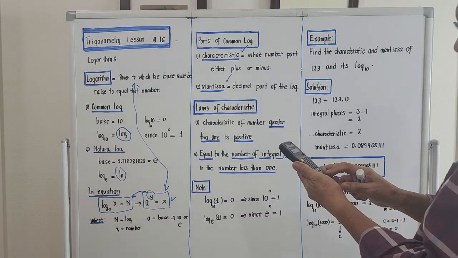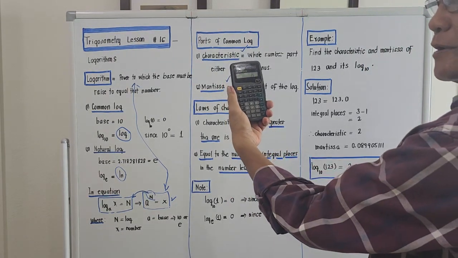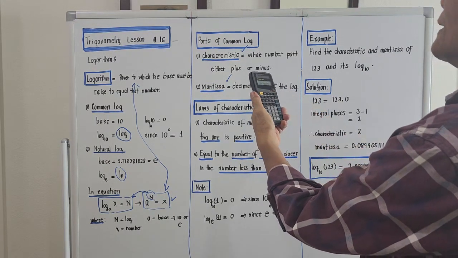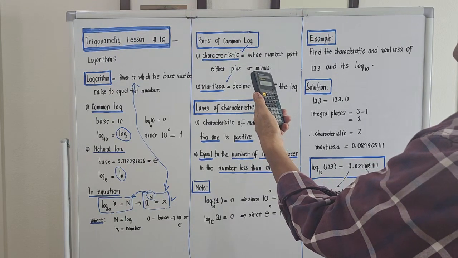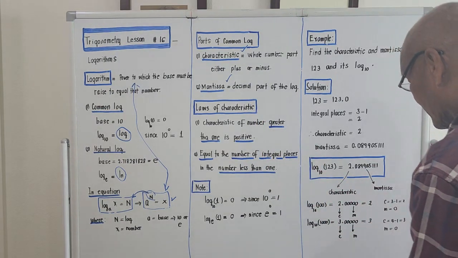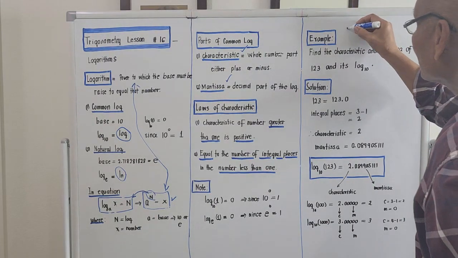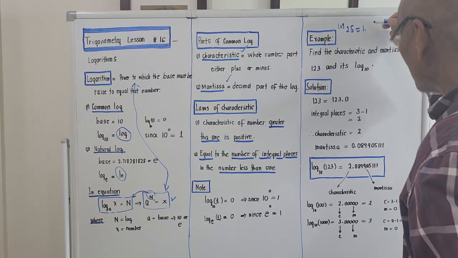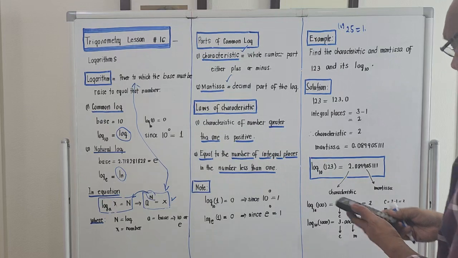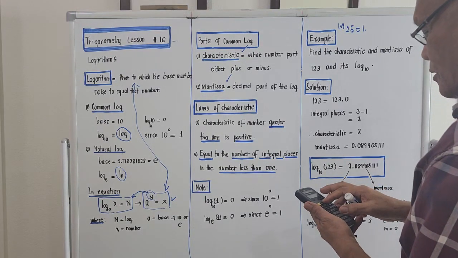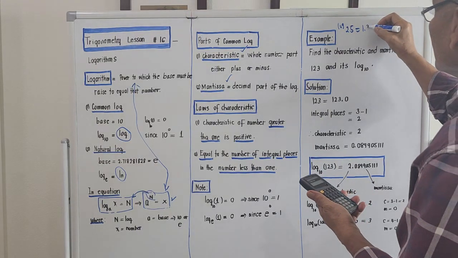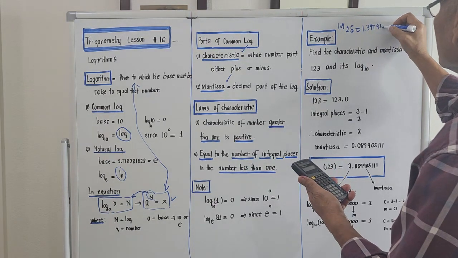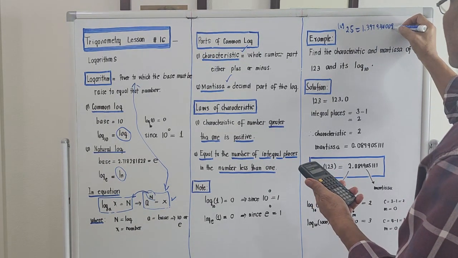I will try to give you an example. Supposing I display 25 here, and I will try to take the common logarithm of this. If I take the logarithm of this, it should be log 25 equals 1.397940009.